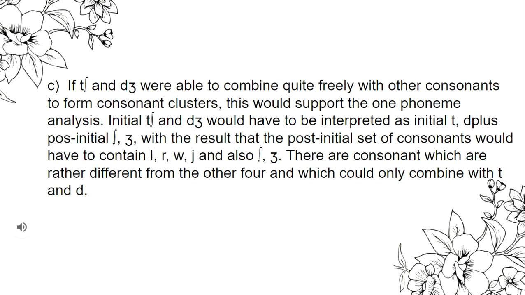Initial t-esh and d-zh would have to be interpreted as initial t plus post-initial esh, with the result that the post-initial set of consonants will have to contain l, r, w, j, and also esh. There are consonants which are rather different from the other four, and which could only combine with t and d.